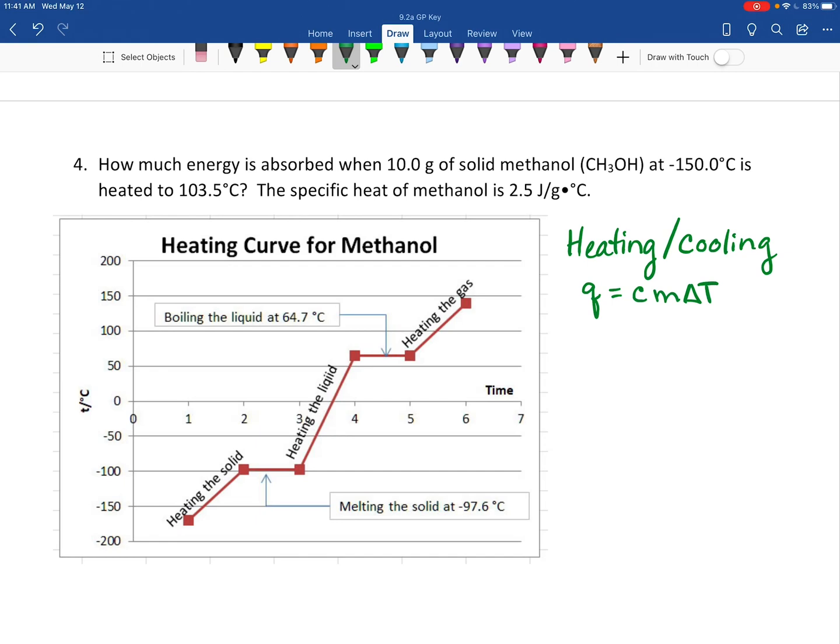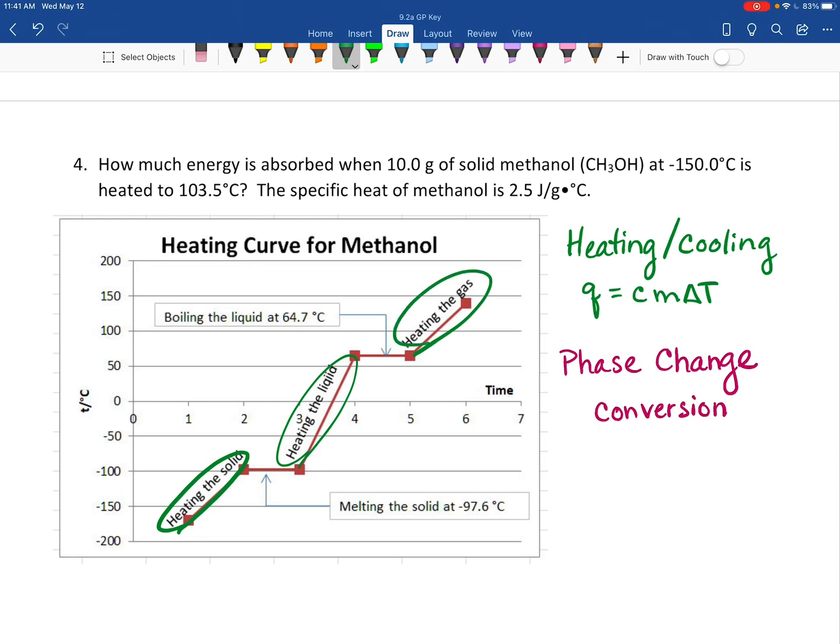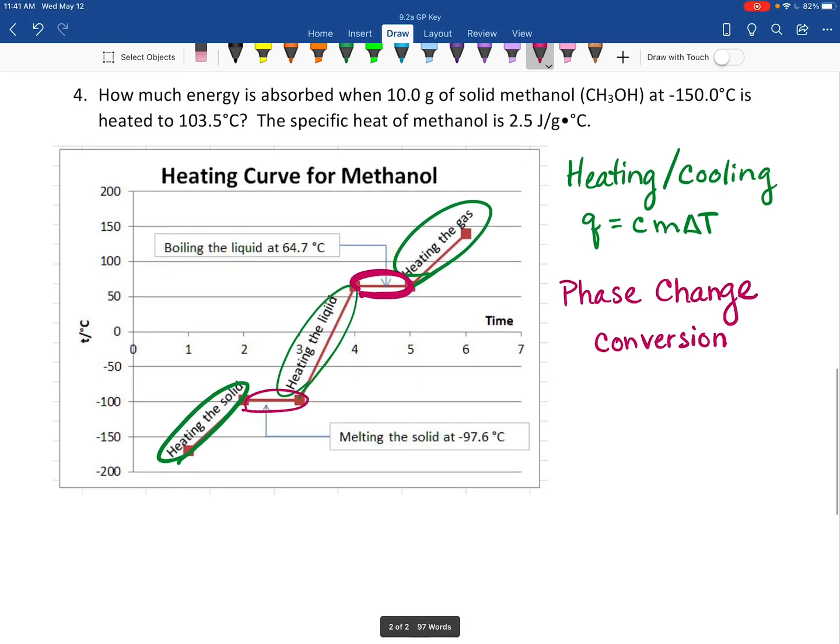And then, of course, when we are working the phase change, just like up above, we are using a conversion. And so each time we are doing one of the heating, or if we were cooling this, we will be using those. And then, of course, just like we did before, we're using conversions for those phase changes. So let's go ahead and work through this problem.